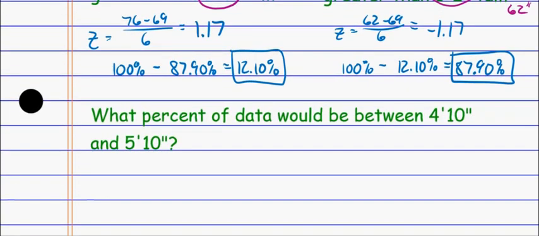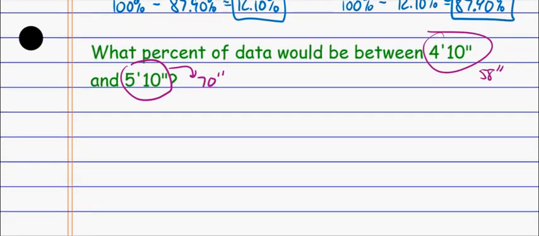All right, last example, I'm going to convert each of these. So I'm going to convert this guy, the 4 feet 10 inches, that's going to be 58 inches. And here the 5 feet 10 inches is going to give me 70 inches. And once again, I'm going to convert each of these to a z-score.